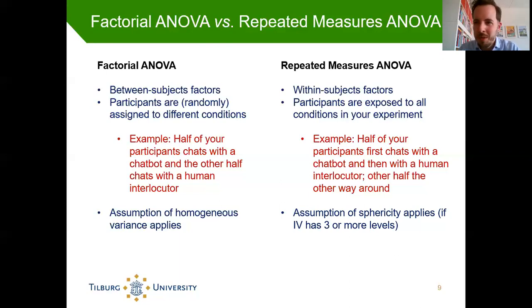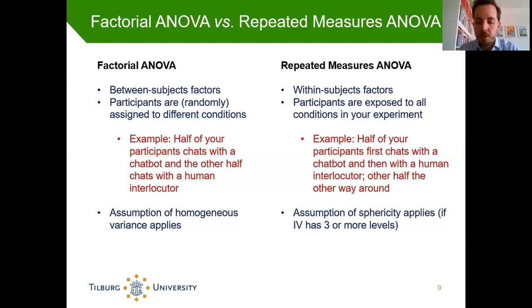So now you might be wondering, say you want to come up with an experiment yourself, right? Maybe in the context of your master's thesis. When should I design my experiment in such a way that I can do a factorial ANOVA? And when should I design my study in such a way that I could do a repeated measures ANOVA?